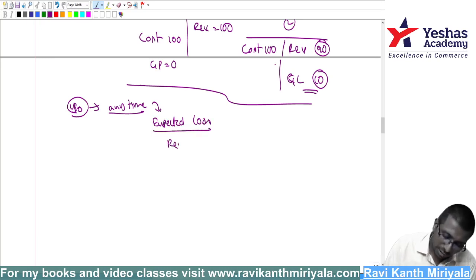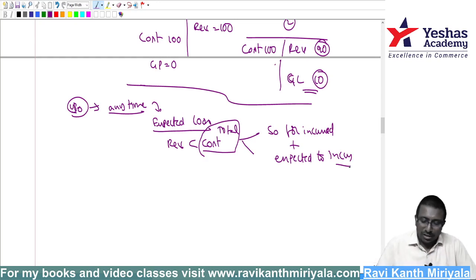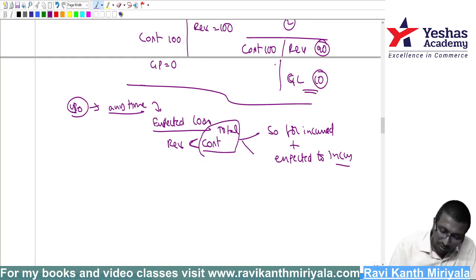When your revenue is less than the total cost, correct? Total cost means what you have incurred so far, plus whatever you expect to incur. So if the revenue is less than the total cost, the difference is nothing but loss.